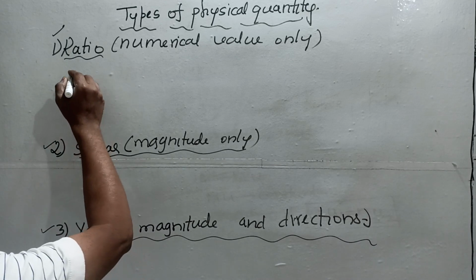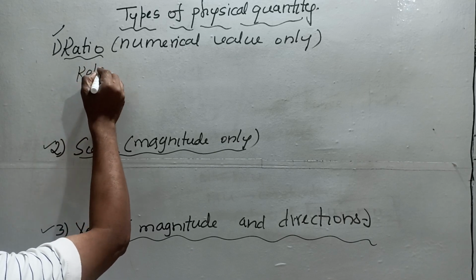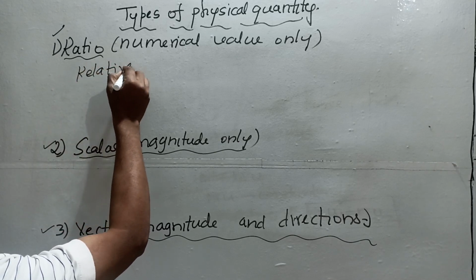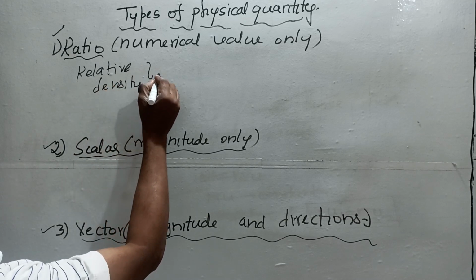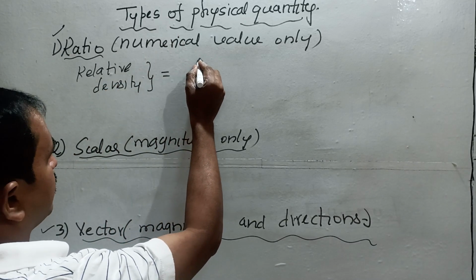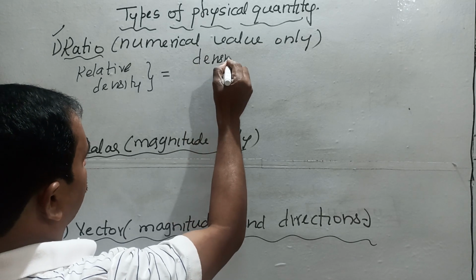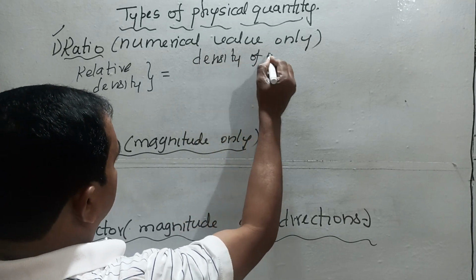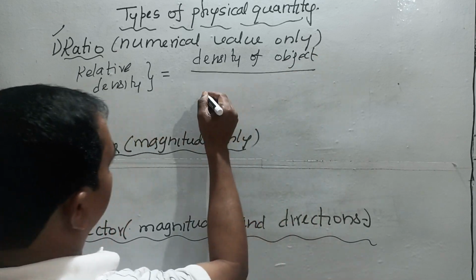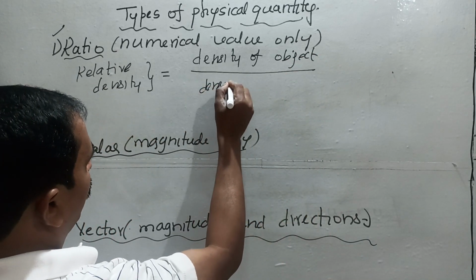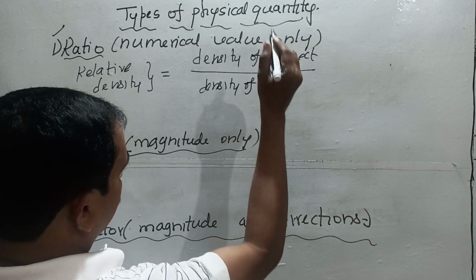What is the meaning of relative density? Relative density is nothing but density of object divided by density of water.